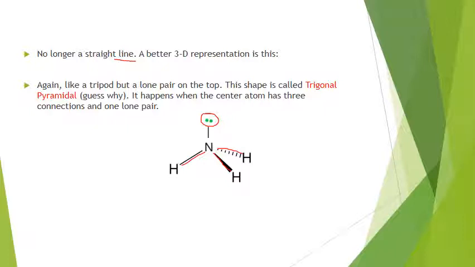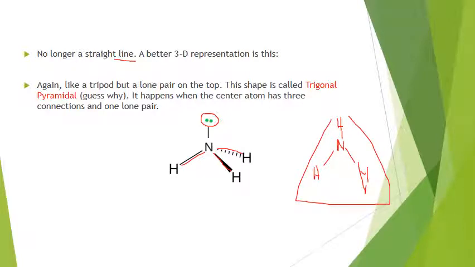So this shape is trigonal like the previous one, but it's not planar anymore, because all these atoms are on a different plane than this one, and this shape looks like a pyramid.